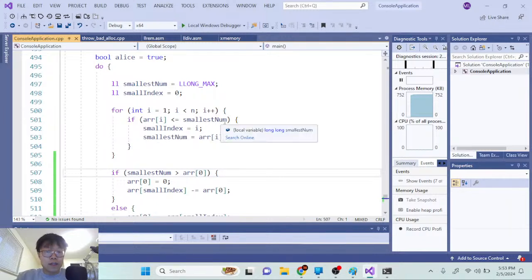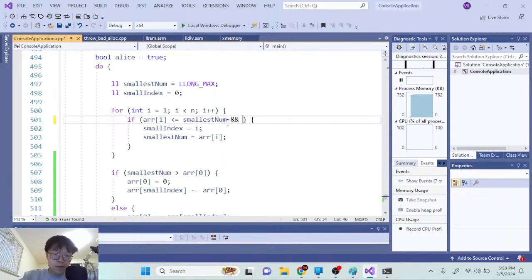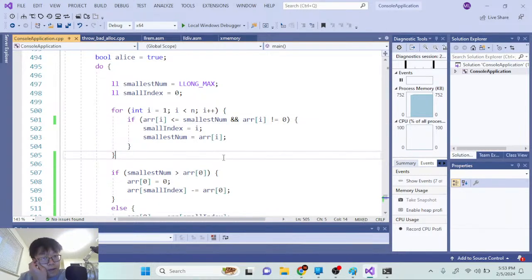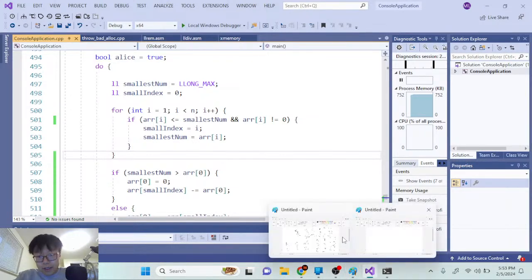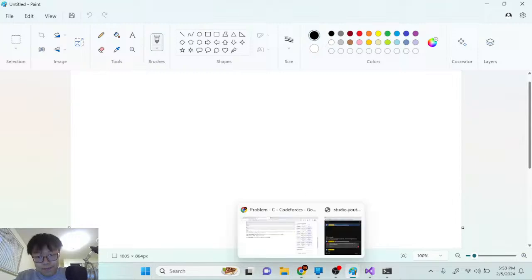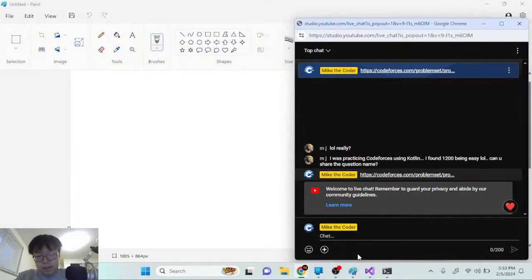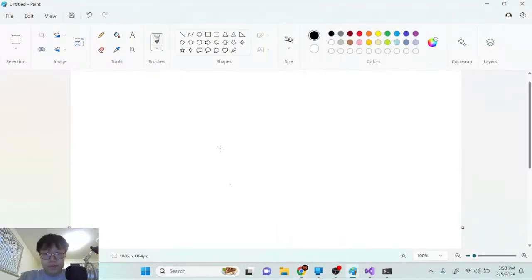Yeah, and then r of i cannot be equal to 0. All right, that'll stop another problem there. But anyway, let's go back to this.